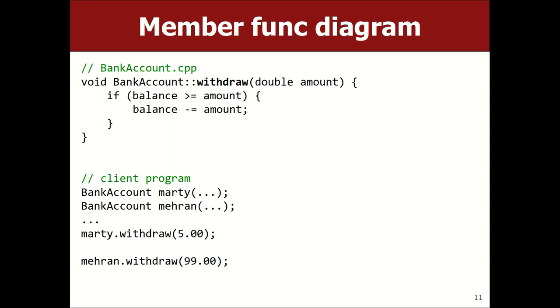If I say I'm going to go home, you know that I mean my home. I don't have to say to y'all, hey everyone, after class, I'm going to go to Marty Stepp's home. Same thing for code. If I say, I'm going to reduce balance, you know that it means the balance of the object that the method was called on. So if I say Marty withdraw, it's that object. If I say Maron withdraw, it's that object, okay?